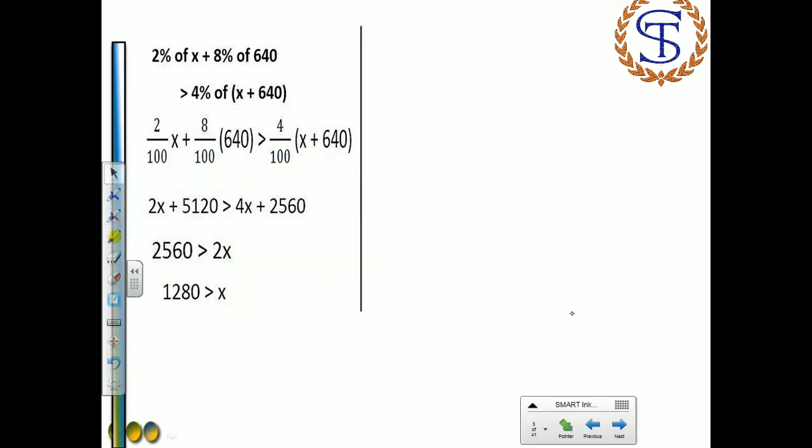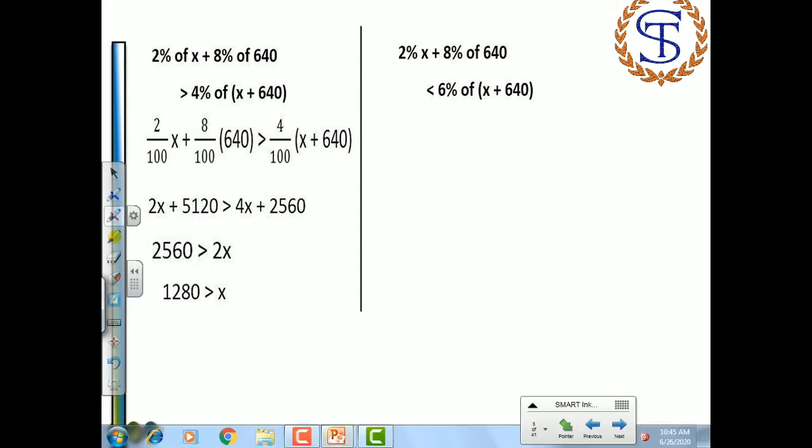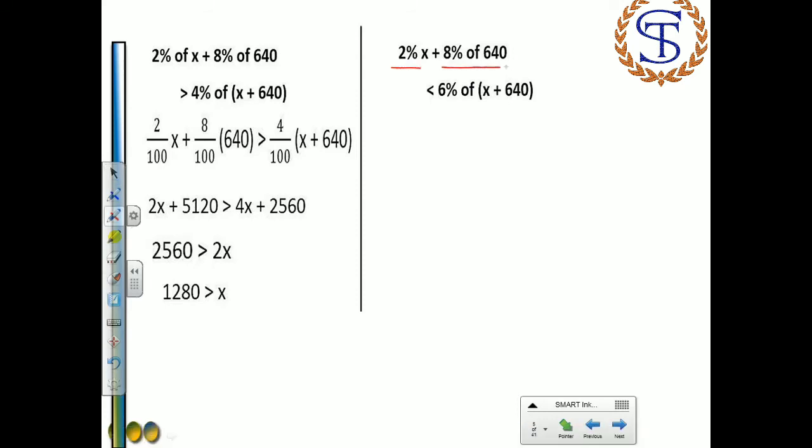In a similar way, we can solve the second equation, that is 2% of x plus 8% of 640 is less than or equal to 6% of x plus 40. Actually this is given in the question, that's why we are taking less than here.